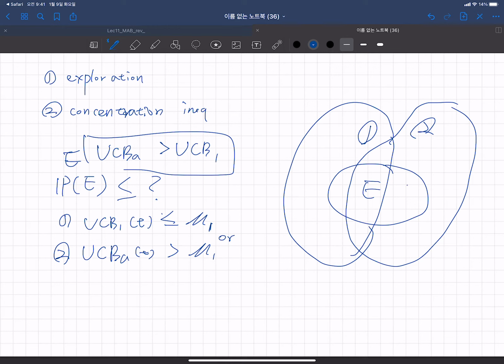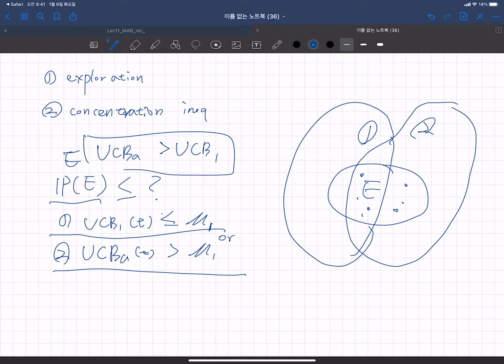Right? So every event instance satisfies either this or this. Since we are interested in the upper bound of this probability, we just need to define some superset very naively. It is fine to include this E event.